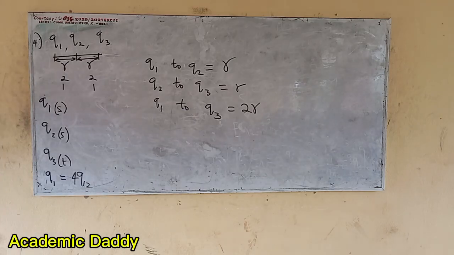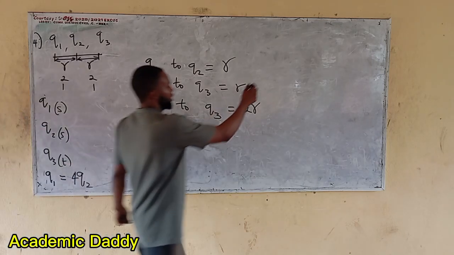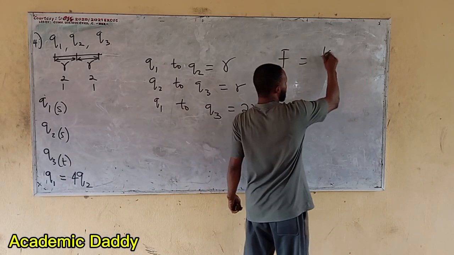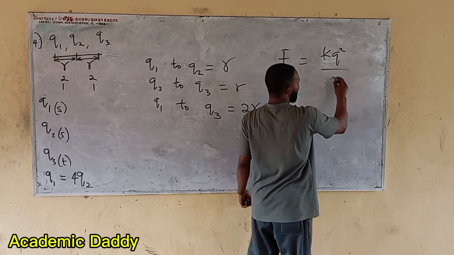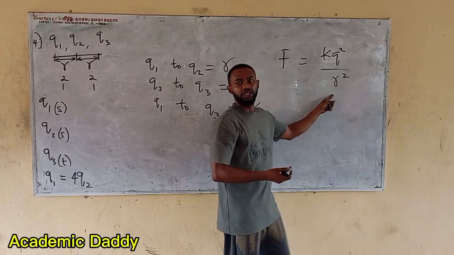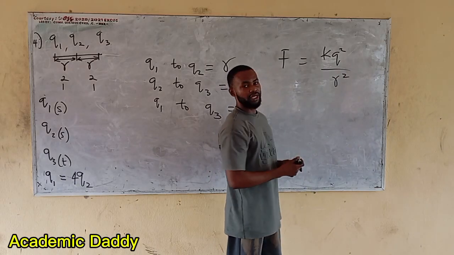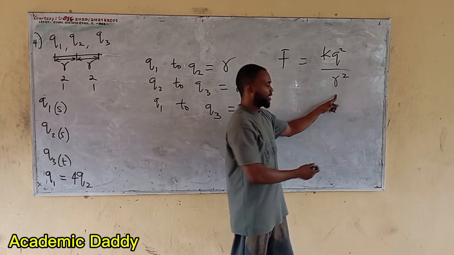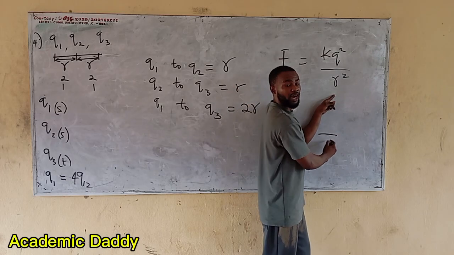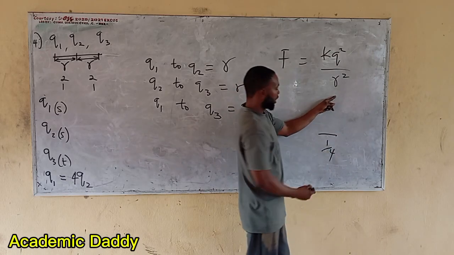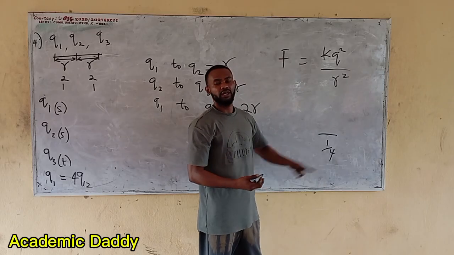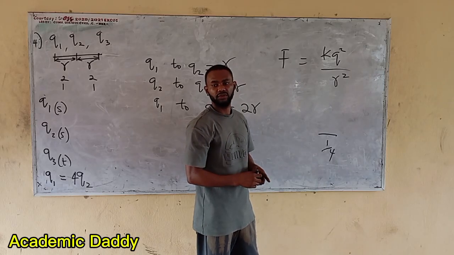Just like the last question we saw, when they said the distance is reduced to 1/3, let me teach you one manner for anything 1/3 or 1/4. For example, notice that F is equal to KQ squared all over R squared. The minute this distance gets reduced to 1/4, 4 squared is what? 16.